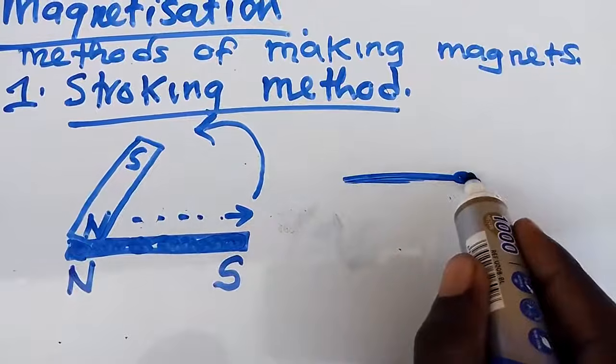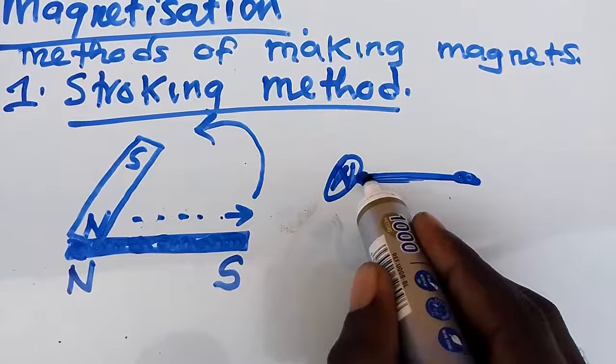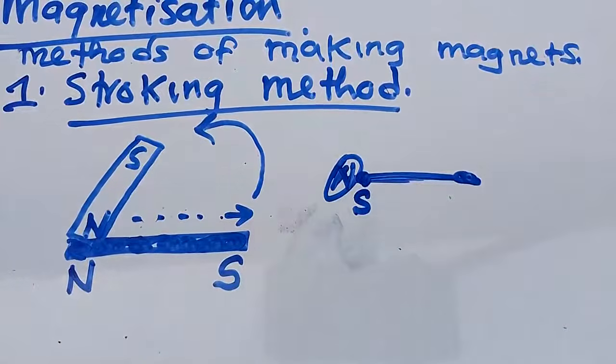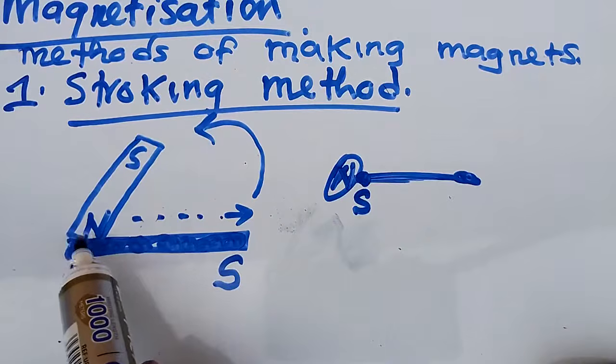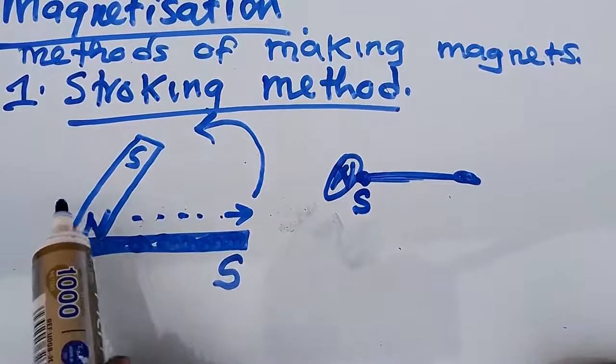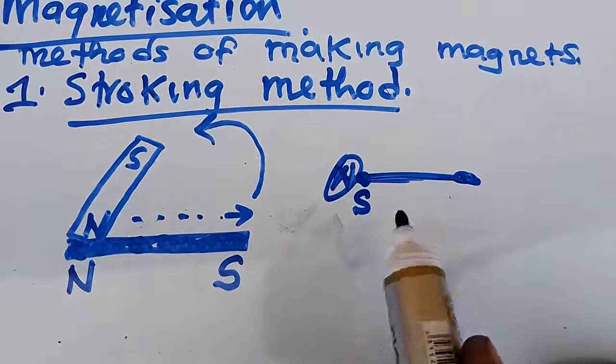This is a nail. It is brought near the north pole of a magnet. This part of the nail becomes the induced south pole. So here we are not talking about those things. But here, where it is starting from, if it is the north pole, it will become the north pole.